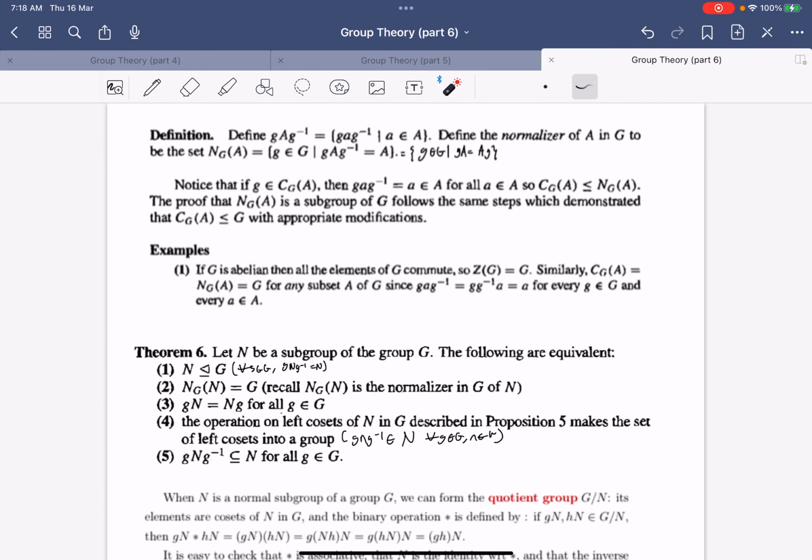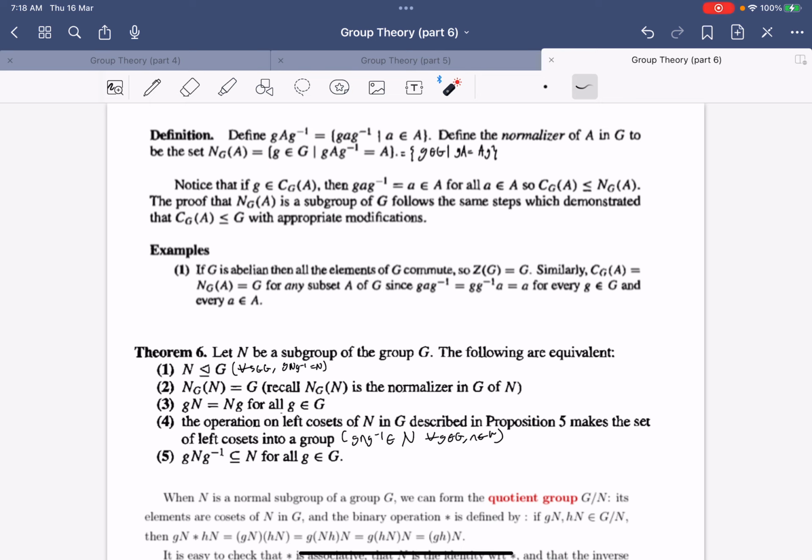And then we can define the normalizer to be all the elements in G that normalize the whole set A. So we define this to be the normalizer.